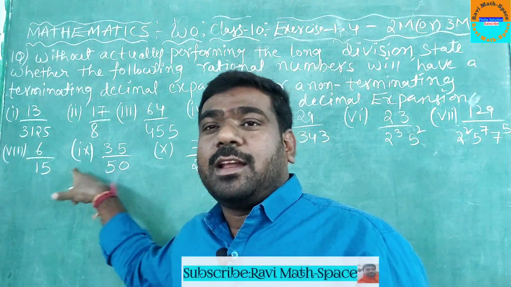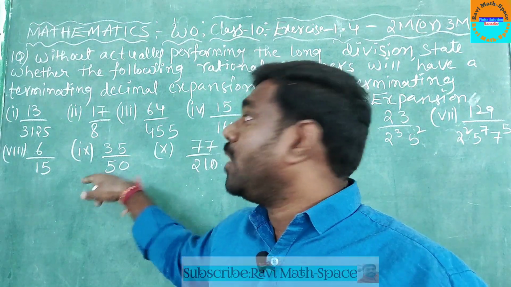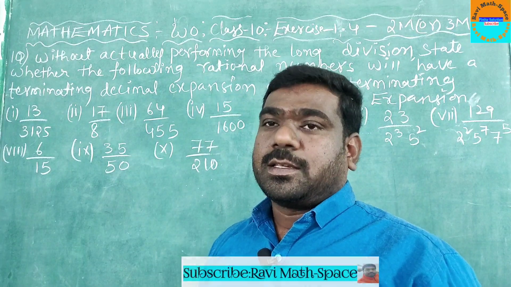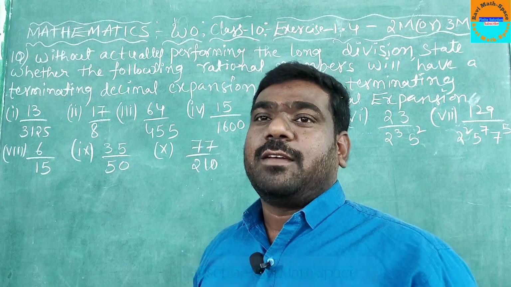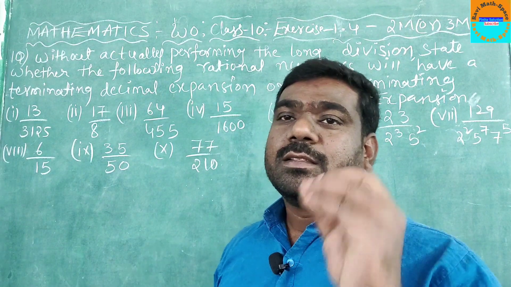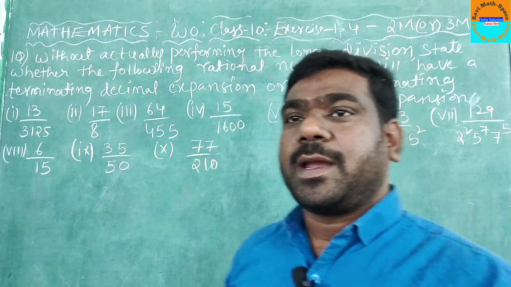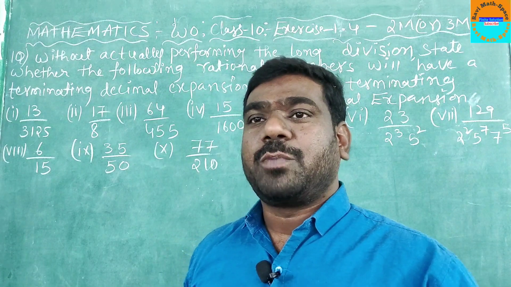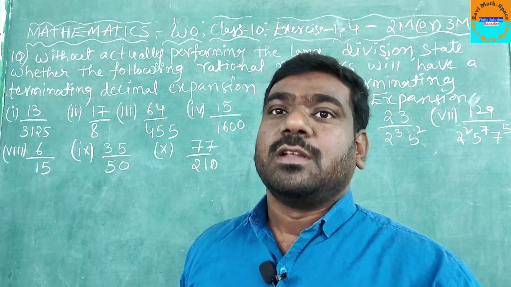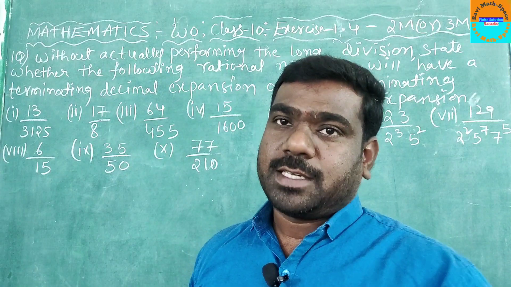So if we do not apply long division, what condition are we going to check? Yes, we are going to check three theorem statements. I already explained these three theorems in the previous video. I will provide the link in the description box. You can watch those videos, then you can understand very easily.